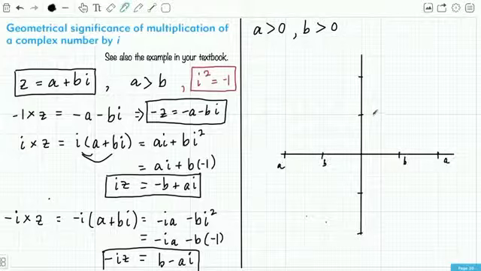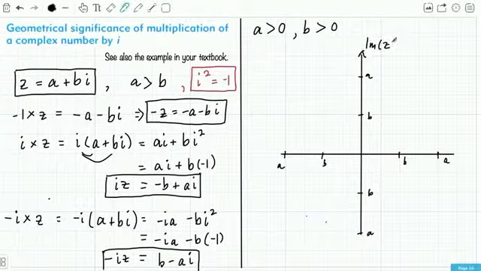You can do this with actual numbers as well, or changing this around, seeing what happens, just to give an idea of what happens when you multiply. So we've got the imaginary and the real. Let's do a plus bi, that would be there. So that's z. Okay. -z would be -a minus bi, so that would be here.